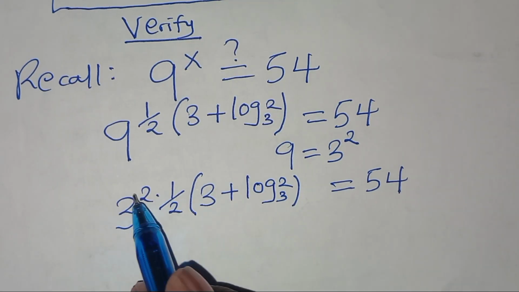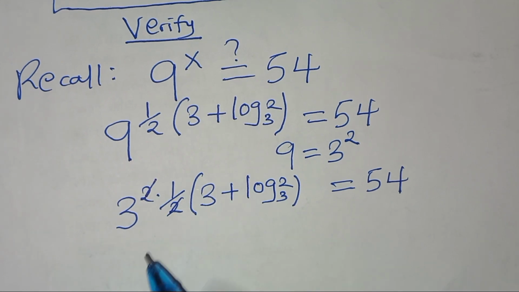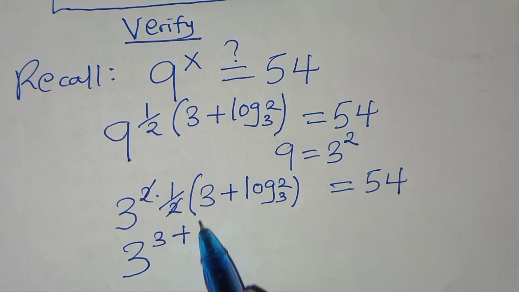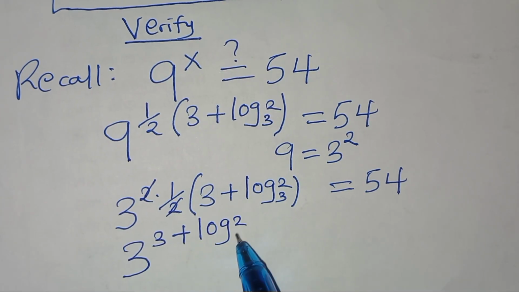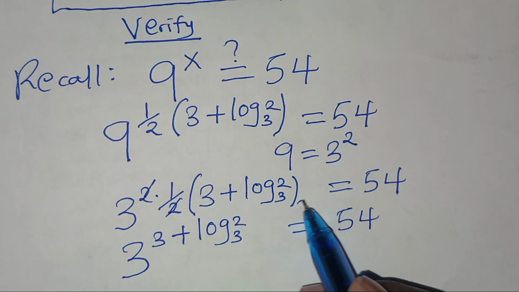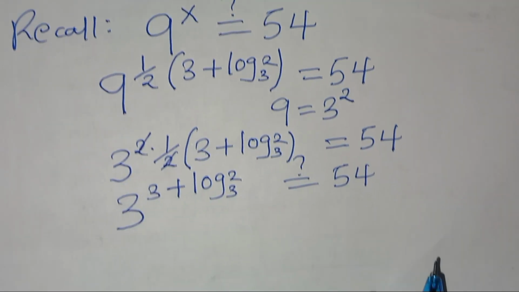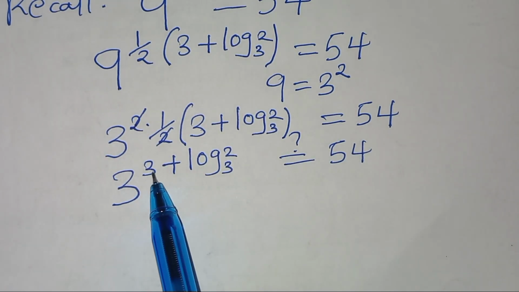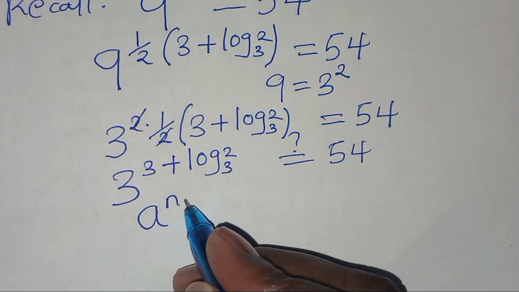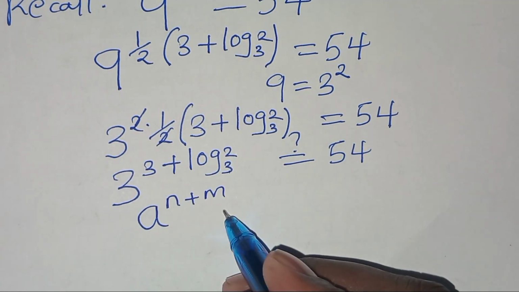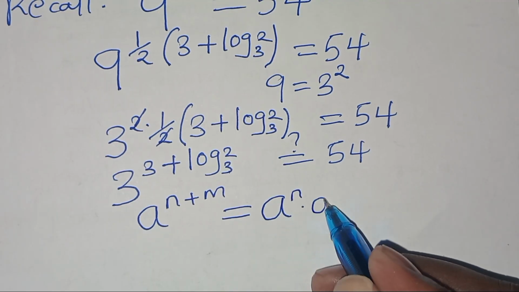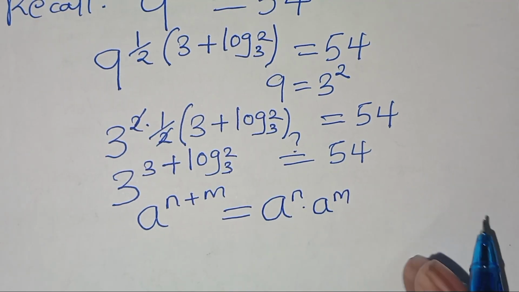Now let's simplify here. 2 and 2 simplify, so that here we have 3 to the power 3 plus log 2 to base 3, and this should give us a value of 54. The next step from here, 3 to the power 3 plus log 2 to base 3 is in the form of a to the power n plus m, which we can express as a to the power n times a to the power m.